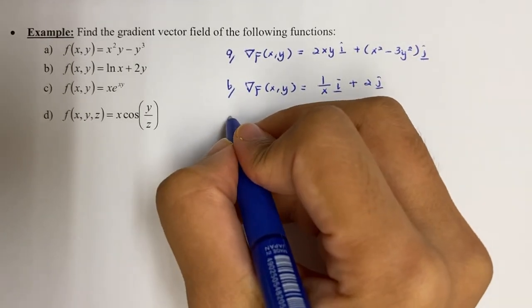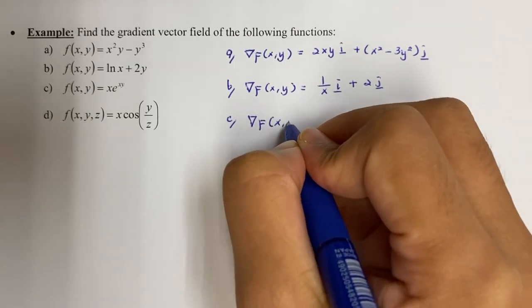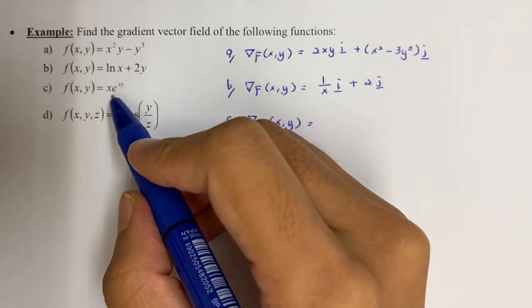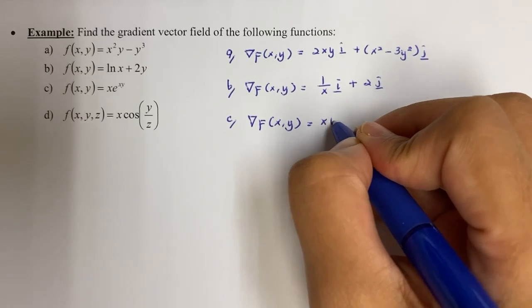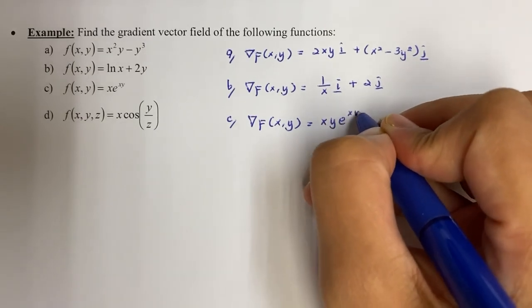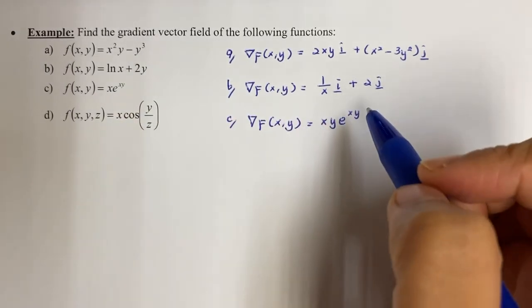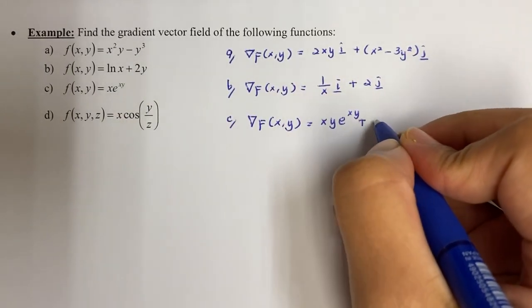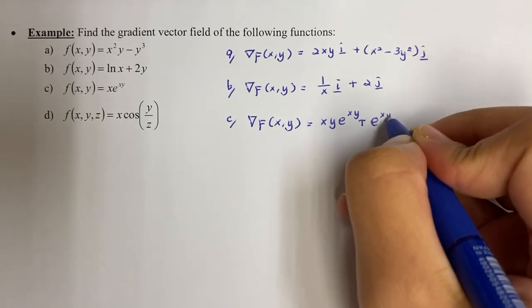Continue with C. For C, your gradient vector is equal to, first differentiate with respect to x. Since this is a product, you need to use the product rule: xy e^(xy), plus differentiating x gives 1, so e^(xy).